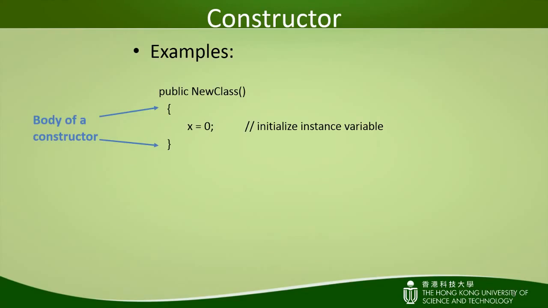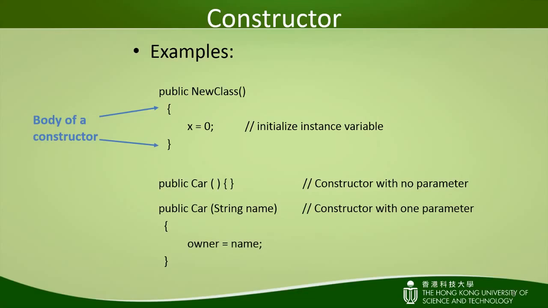These are example constructors that you have seen before. This is the constructor for NewClass. The body of the constructor is enclosed by a pair of braces. This constructor has no parameters and it simply initializes an instance variable x to 0. The next example is the constructors that you have seen in the car program.